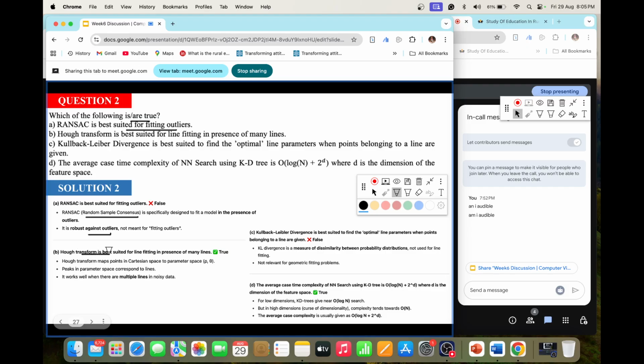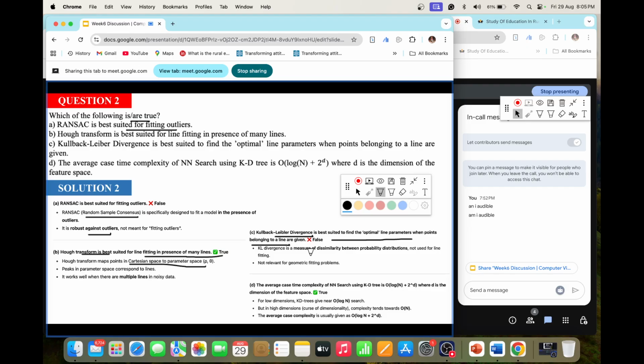Then Hough transform is best suited for line fitting in the presence of many lines. Hough transform maps points in Cartesian space to the parameters rho and theta. Again, these things are not directly related, but it is given here, so I am discussing it. Then Kullback-Leibler divergence is best suited to find optimal parameters when points belonging to the line are given.